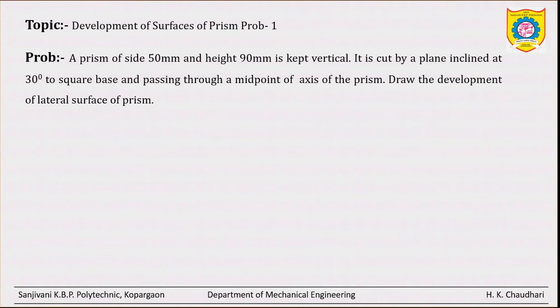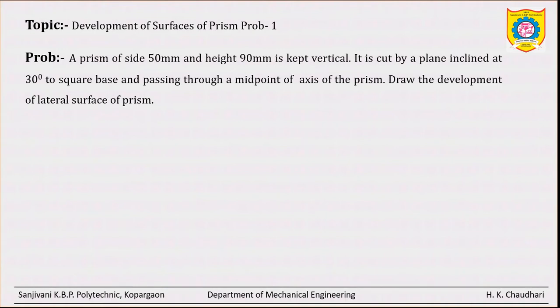Such there are four rectangular faces. They are vertical, clear. So for that we have to draw the square which is the top surface as well as the bottom surface. So as the prism is kept vertical, its top view will show the square surface, clear.